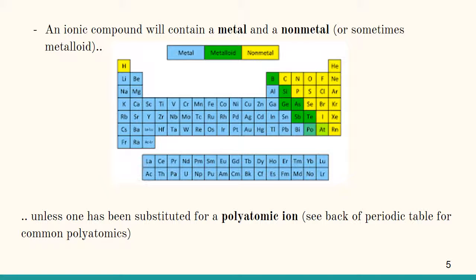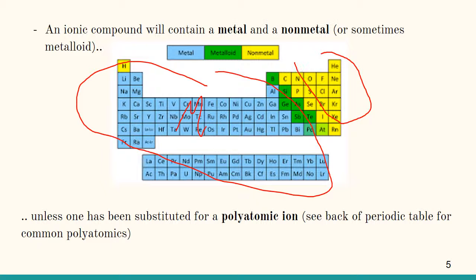An ionic compound with just elements will contain a metal and a nonmetal. Sometimes we can put a metalloid in there, but you're not going to see that as often. So, as a refresher, everything over here is a metal, and everything over here is a nonmetal. We can, however, substitute either our metal or our nonmetal for a polyatomic ion.